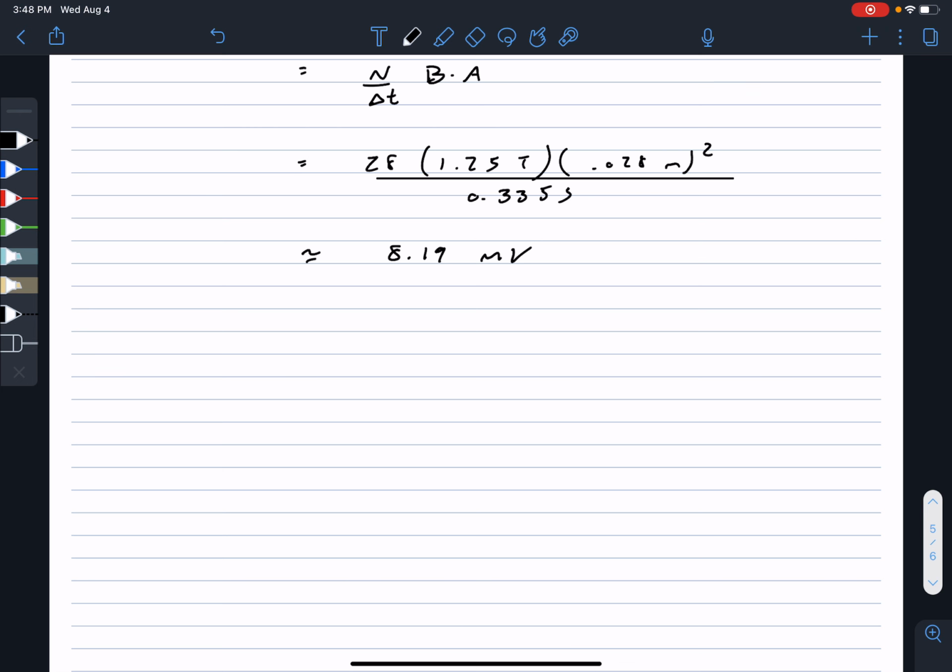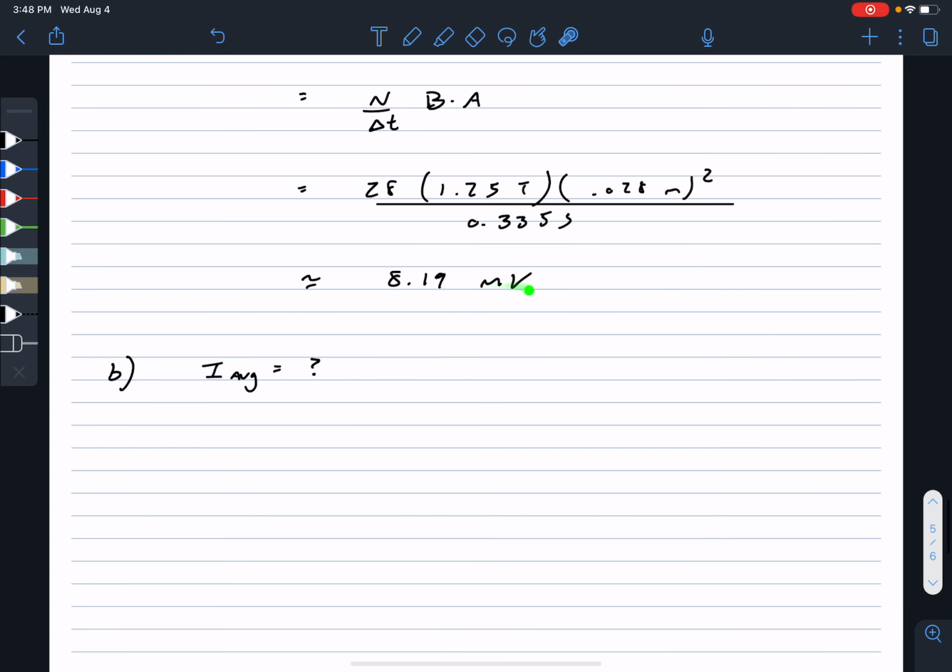Okay, for part B, we are asked to find the average current. Well, we have our average EMF, right?